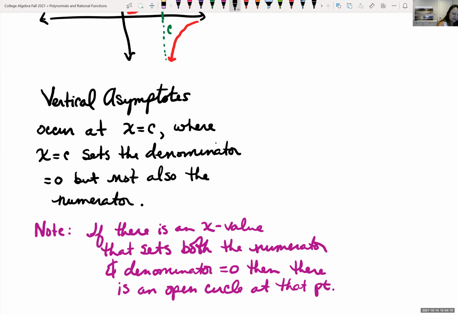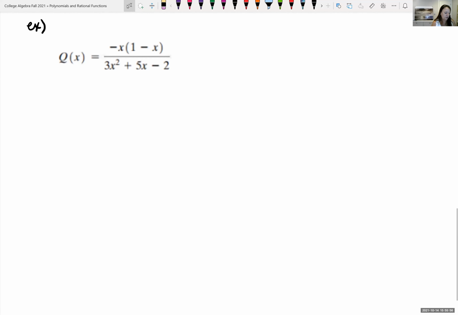Okay, so let's look at an example where we're just trying to find the vertical asymptotes. Let me just pull one up really quick. Okay, so for the following example, we have this rational function q of x, and this is equal to, in the numerator, negative x times a quantity 1 minus x.